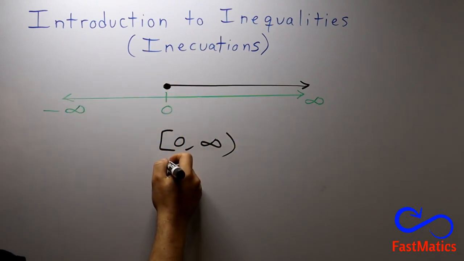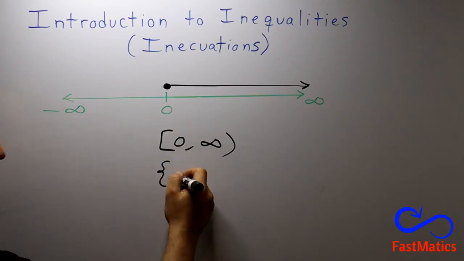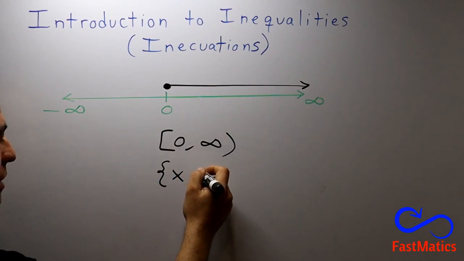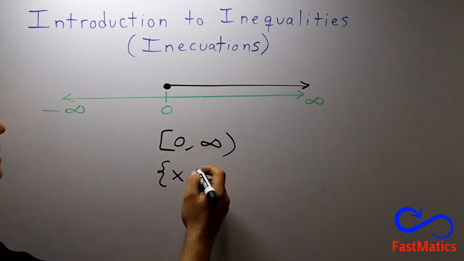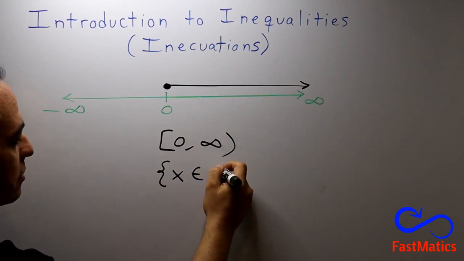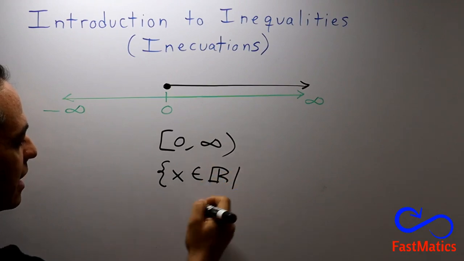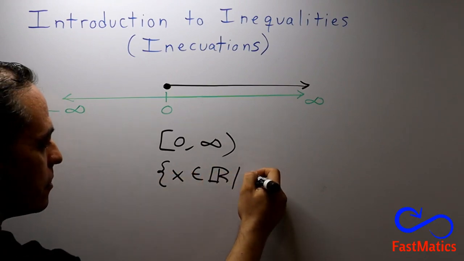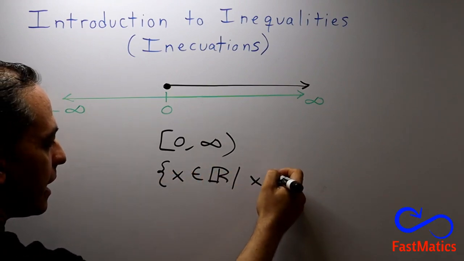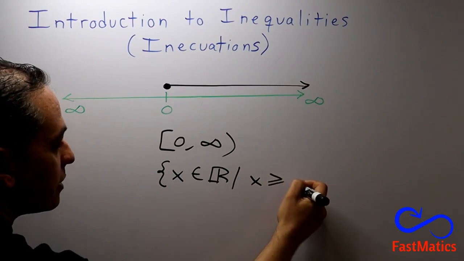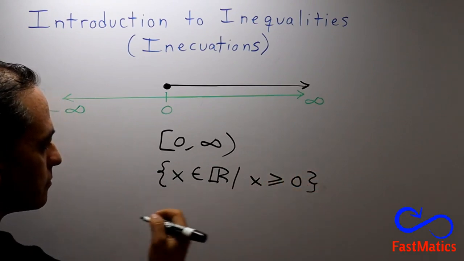Another way of representing that is the set of the numbers that are elements of the real numbers, such that numbers greater than or equal to 0.